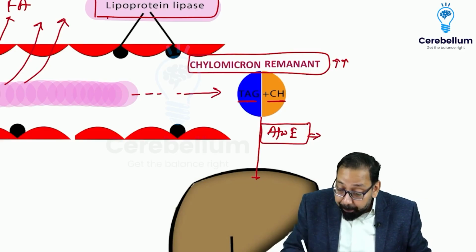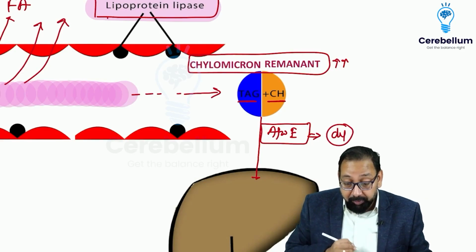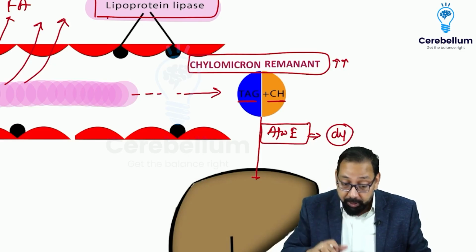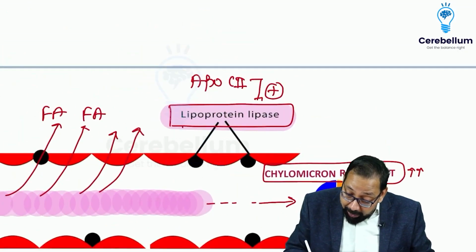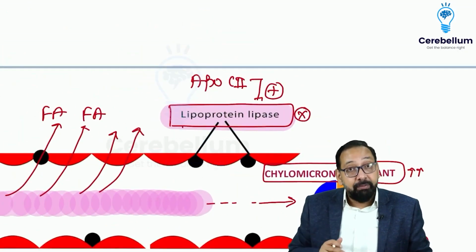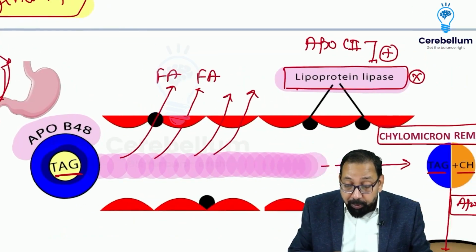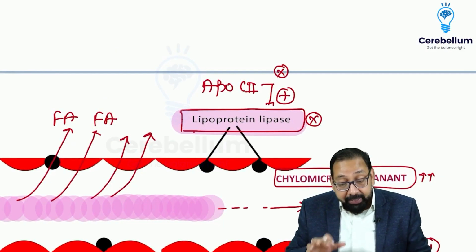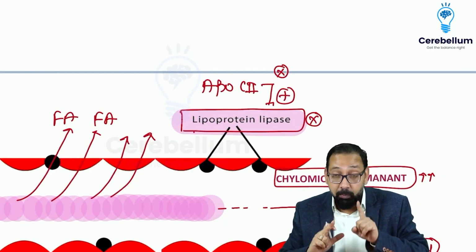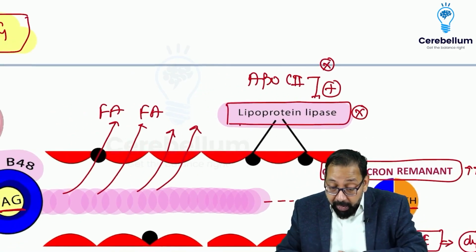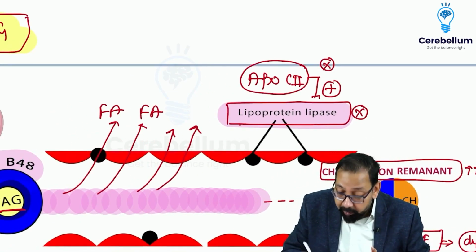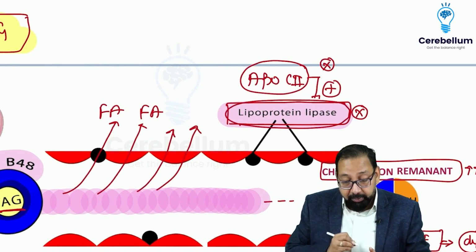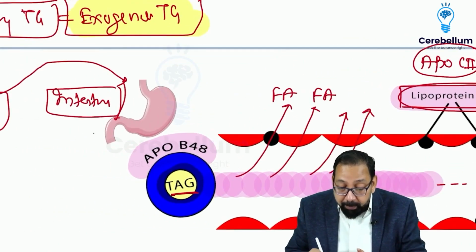So if ApoE is defective, then chylomicron remnant will not be metabolized. Point it out: if lipoprotein lipase is defective, then chylomicron will not be metabolized. If ApoC2 is defective, then chylomicron will not be metabolized. Again, I am repeating: if ApoC2 or lipoprotein lipase is defective, then chylomicron will not be metabolized.